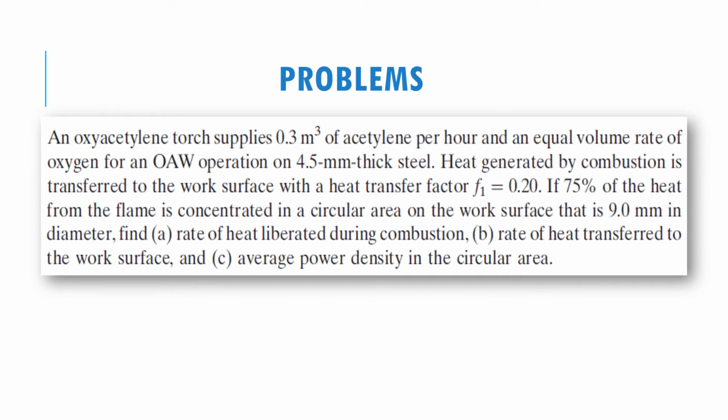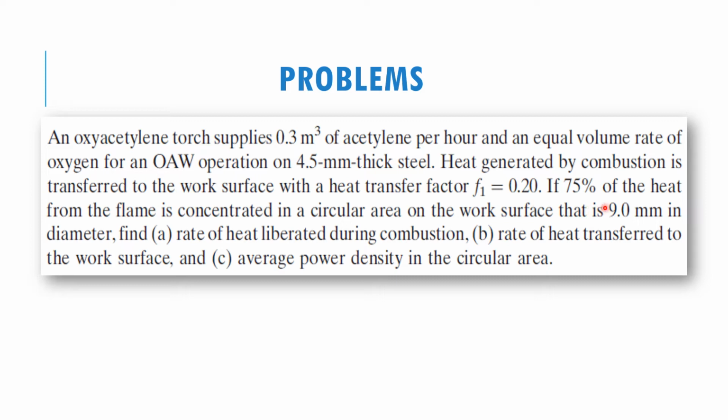So let us see some problems on this oxyacetylene process. An oxyacetylene torch supplies 0.3 meter cube of acetylene per hour and an equal volume rate of oxygen for oxyacetylene welding operation on 4.5 mm thick steel. Heat generated by combustion is transferred to the work surface with heat transfer factor f1 equal to 0.2.